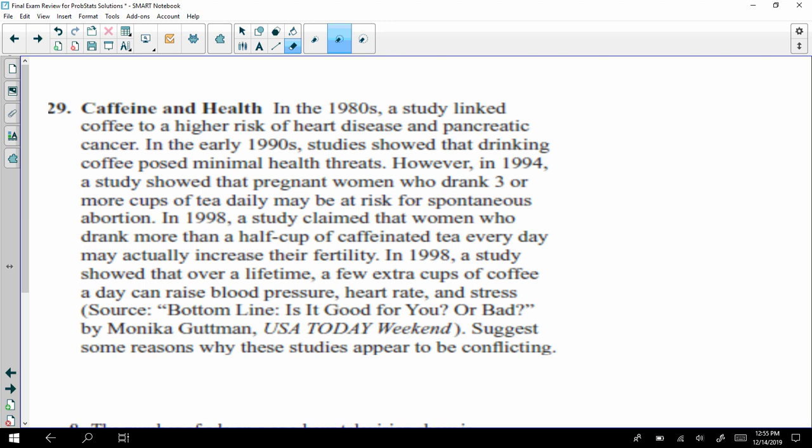Okay, so there could be sample bias, depending on what type of women were treated and studied in each one of these. There could be lack of a control.